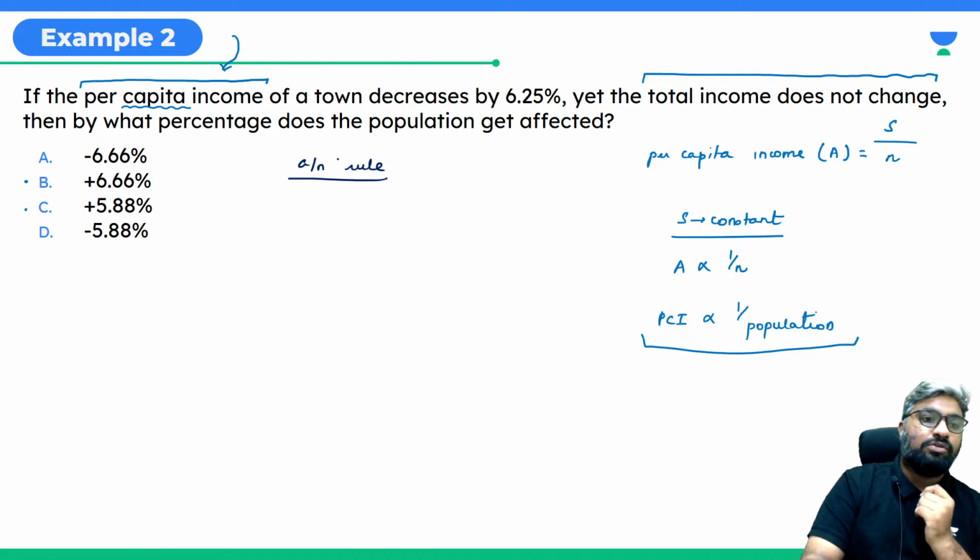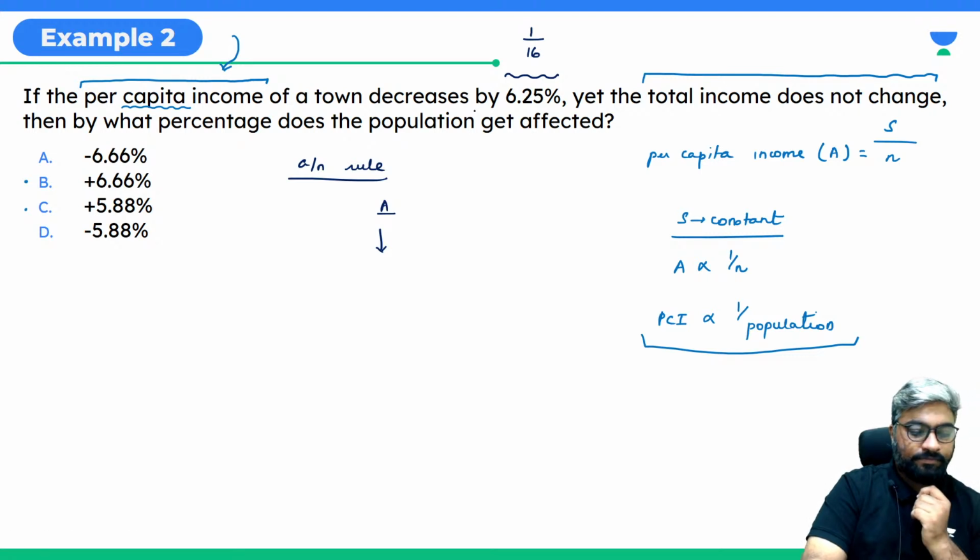According to A by N rule, if per capita income, that is average, decreases by 6.25%, क्या होता है? What is 6.25%? 6.25% is 1 by 16, है ना? So if the average decreases by 1 by 16, then the population or the number of terms must increase by how much?